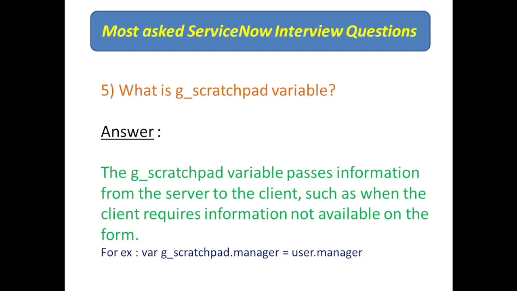We will use GlideRecord and get that value, whatever value we are getting. So let's say I am getting user.manager, and I am storing it in g_scratchpad.manager. Now it is available for the client side to access. So when we are writing a client script, we can directly use this g_scratchpad.manager, and it will have the user's manager value.